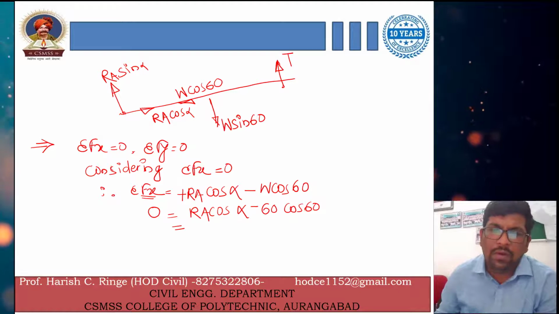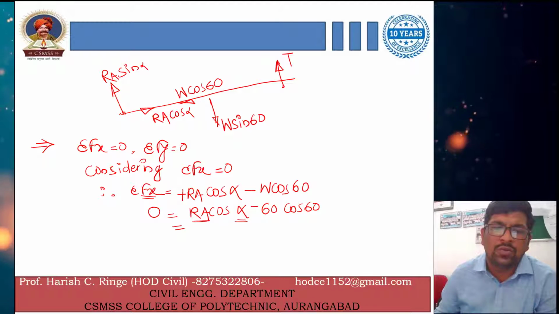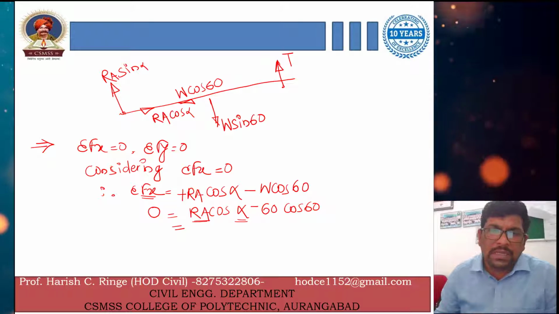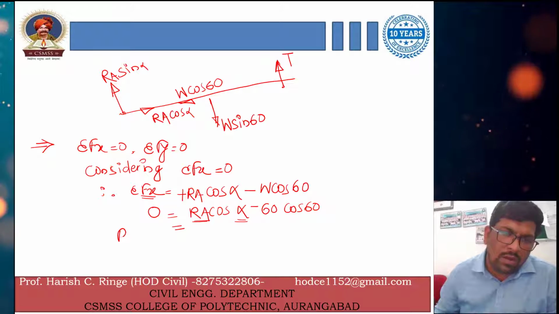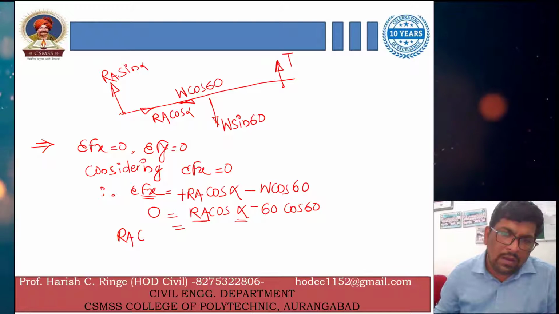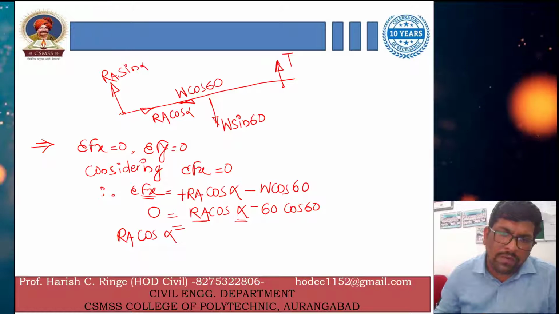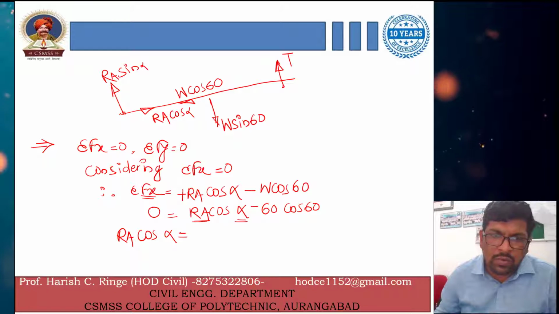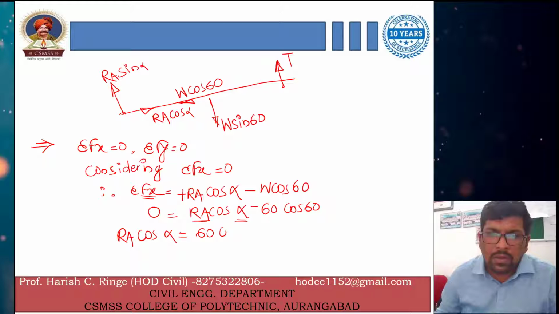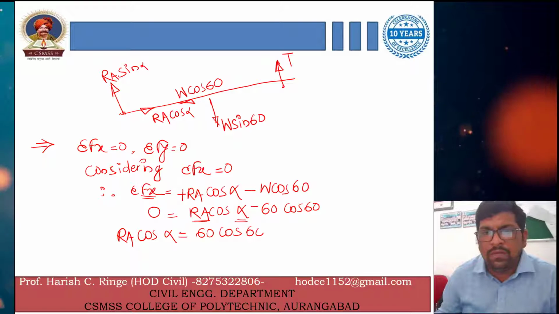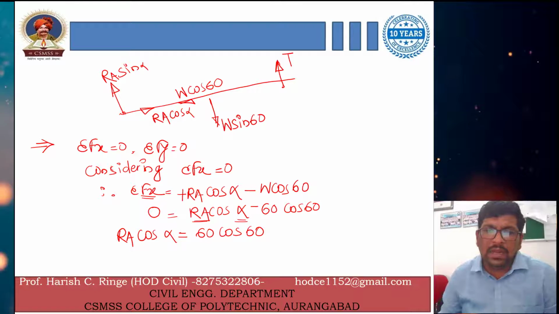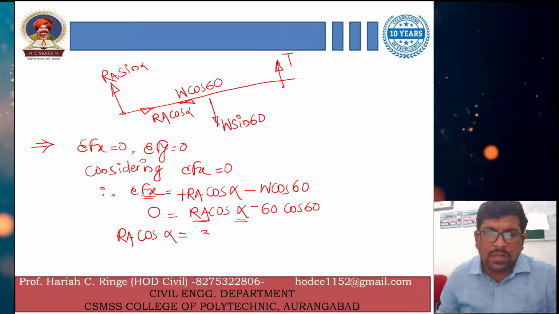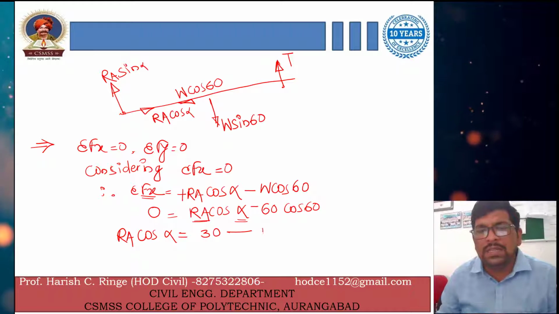As we don't have the values of alpha and RA, both are unknown here. So RA cos alpha is equal to 60 cos 60, or instead you can write the answer, which is 30, and say this is equation 1.